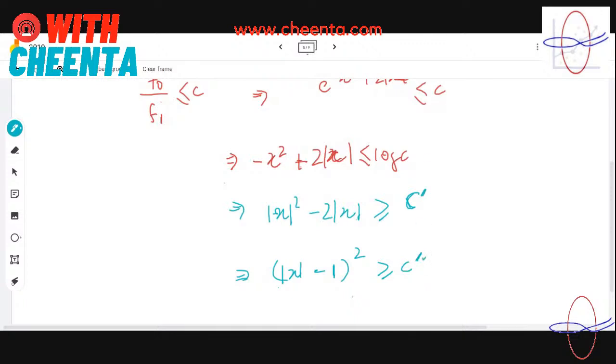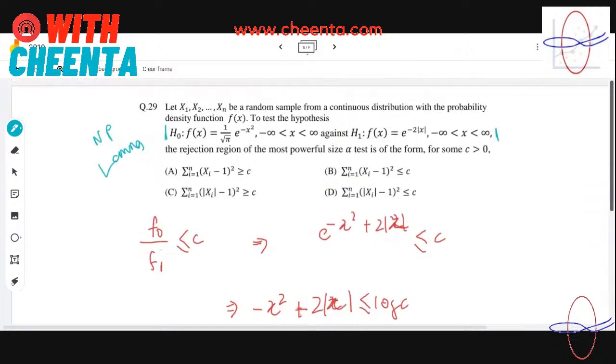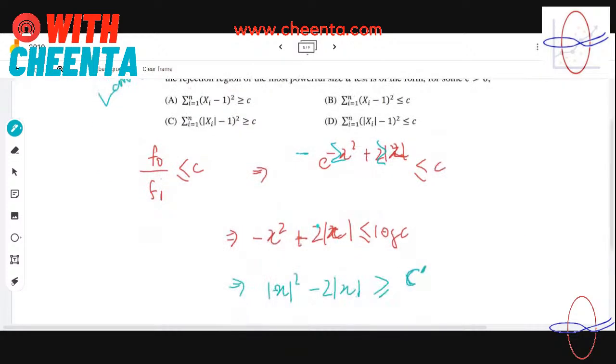But is the question wanting this or not? So let's check this. Now if you take the joint density, it will be the product of this, because you're taking a product.